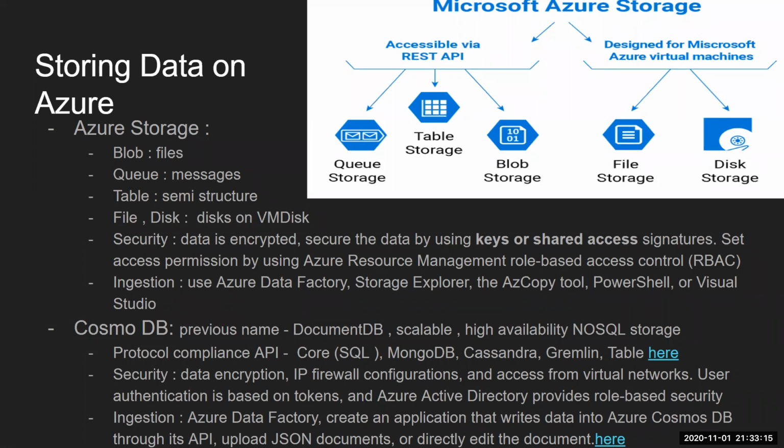When you see messages, remember IoT devices, because IoT devices are mainly the ones that generate messages, and they send them to you through Event Hub, through IoT, and through Kafka, like the picture that I showed you. I'll talk about it again, so don't worry. But remember, queue storage is mainly for IoT. The third one is table, which stores semi-structured data only. So you see queue, table, and blob. And here we have file and disk, which are mainly just for Azure Virtual Machines.